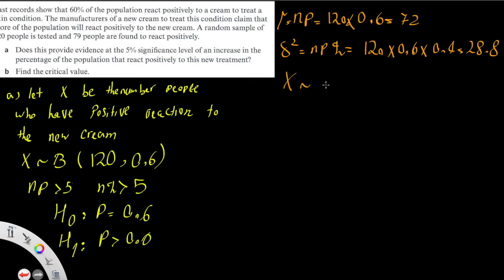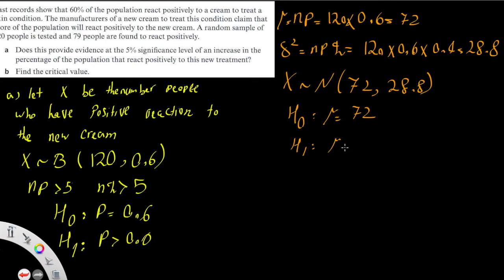Now it can be approximated by normal distribution with mu 72 and variance 28.8. So H0 will become mu is equal to 72, and H1 is mu, it is going to claim that there is an increase, so more than 72.